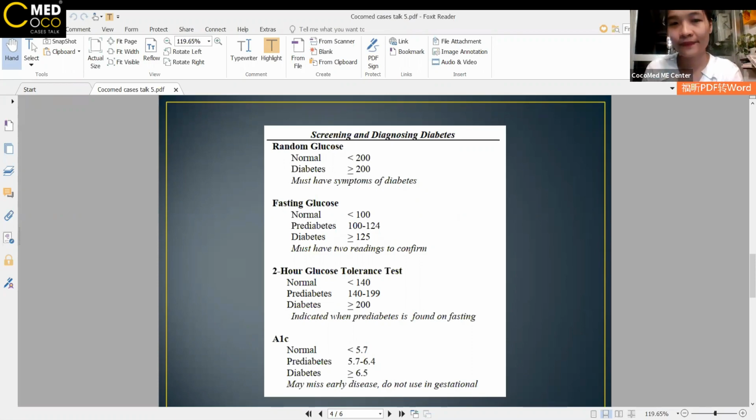But I want to tell you about the HbA1c. That's a really accurate test. Accurate means it can demonstrate the amount of glucose combined with the hemoglobin, and it cannot change. It is not affected by things like how you eat in the morning, or whether you are fasting.